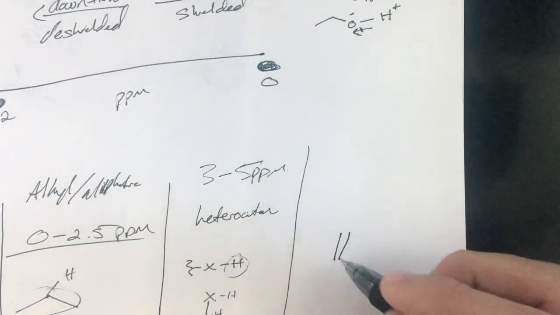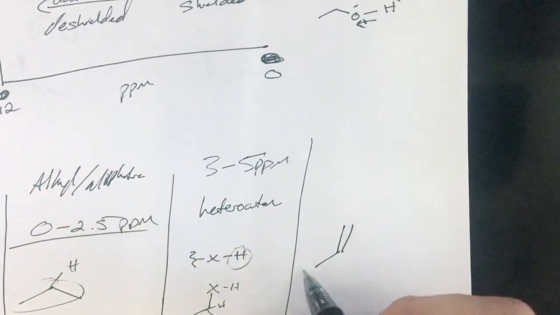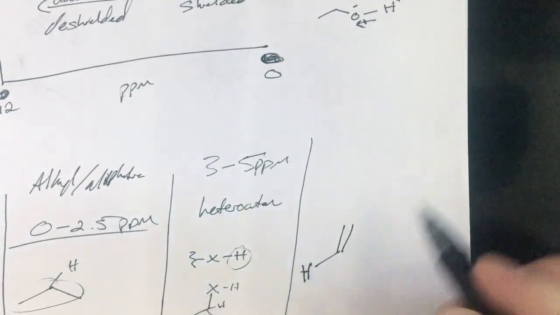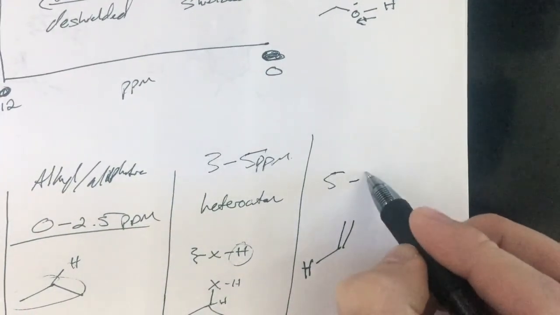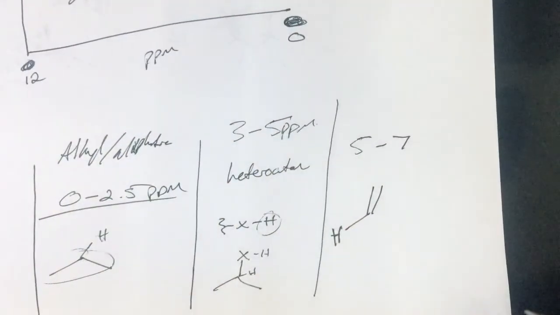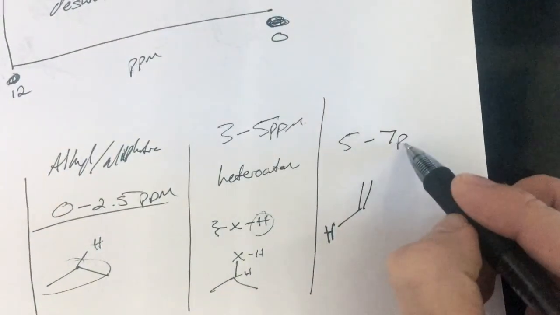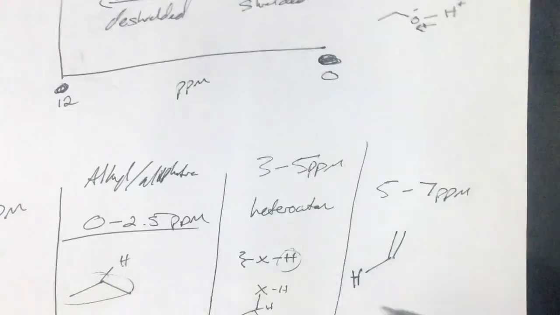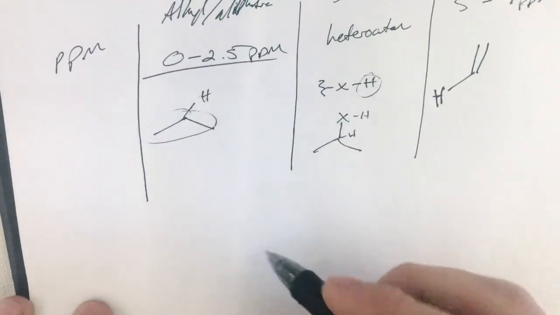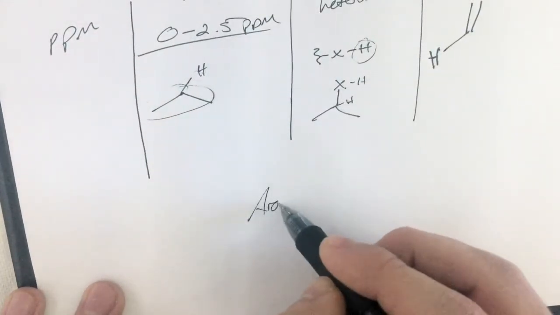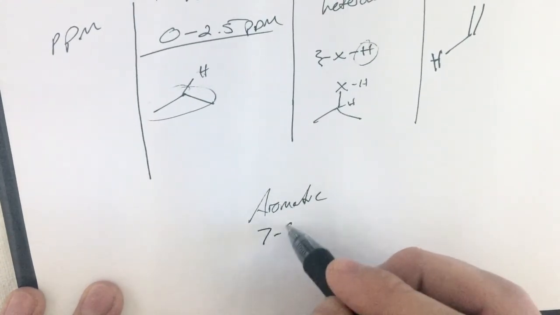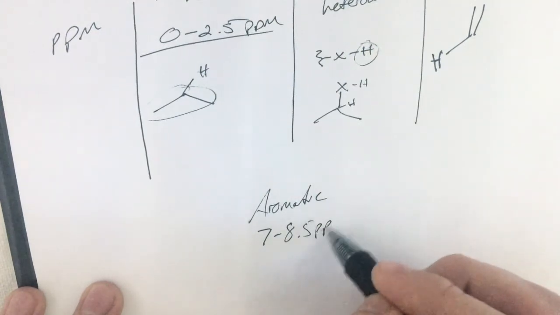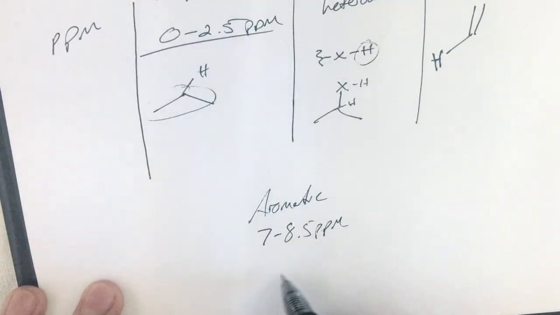Double bonds. This is definitely something you should memorize. If something is connected to a double bond, it's going to occur in this range. Again, this is all in relation to the shielding and de-shielding. Aromatics, such as that benzene ring, are going to occur in this range of ppm.